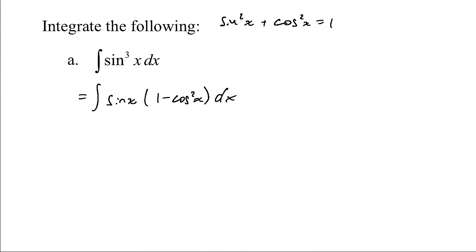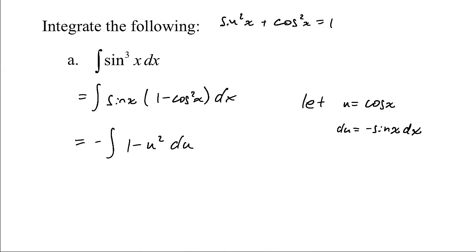Now I have it in a way that I can work with, because I chose a bad u the first time I looked at this. Now if I let u be cosine, then du is negative sine dx, and I have sine times dx, and I have cosine right there, so this can turn into negative the integral of 1 minus u squared du.